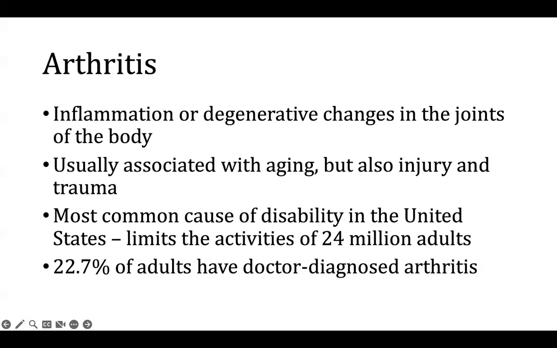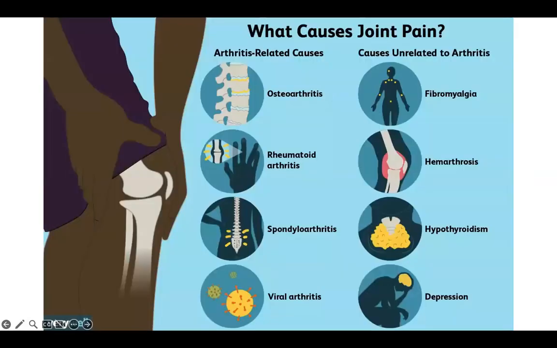It's the most common cause of disability in the United States, and affects 24 million adults. 22.7% have a doctor-diagnosed arthritis. Although it usually is in older adults, it could be found in children as well. So keep in mind that, no matter the population, you may see arthritis in your patient.